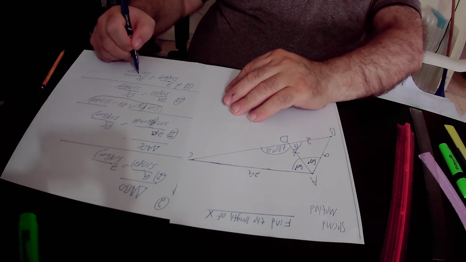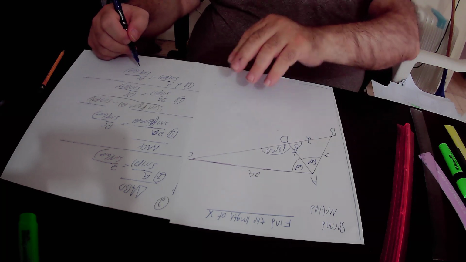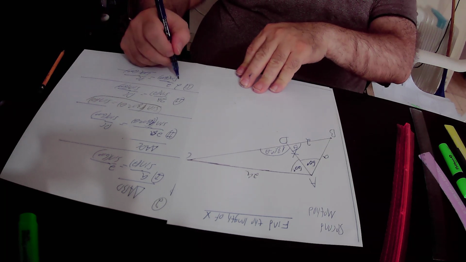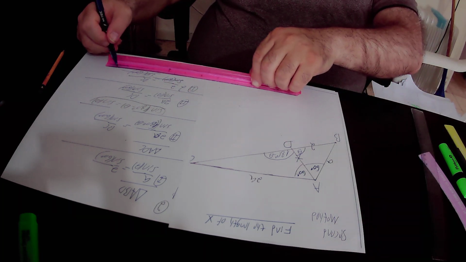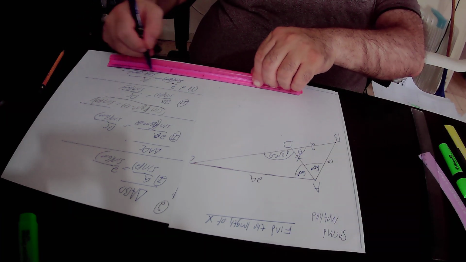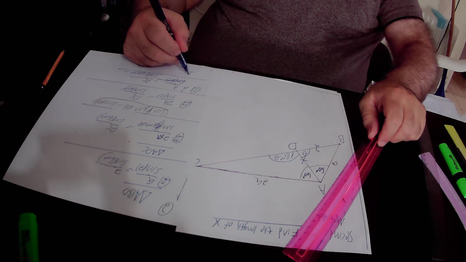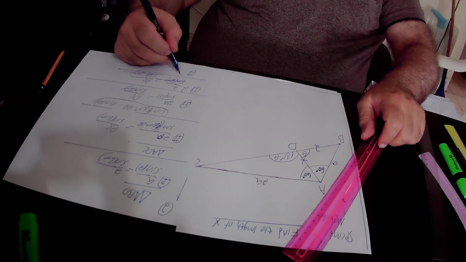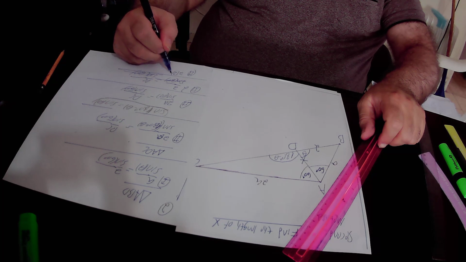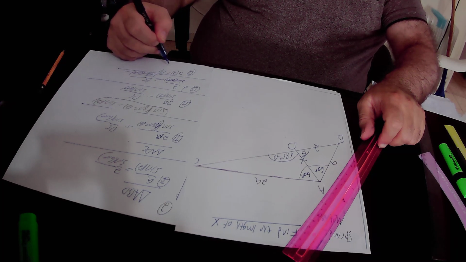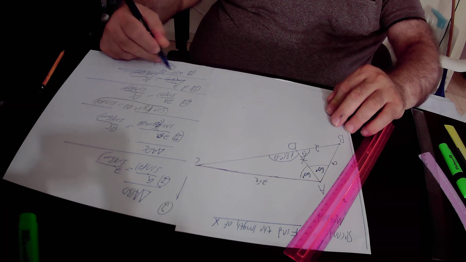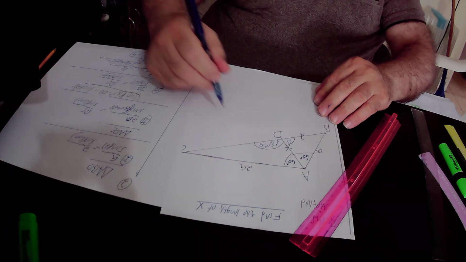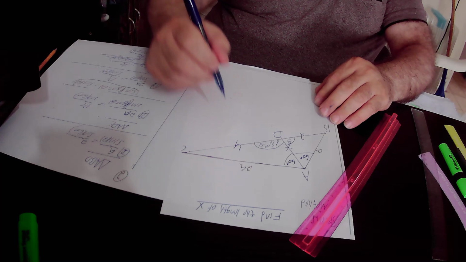So here we have sine 60 degrees on both sides of the equation, so sine 60 degrees will get cancelled. What is left is 2 times 2 equals DC. So we found that DC equals 2 times 2, that is 4. So DC equals 4 units.